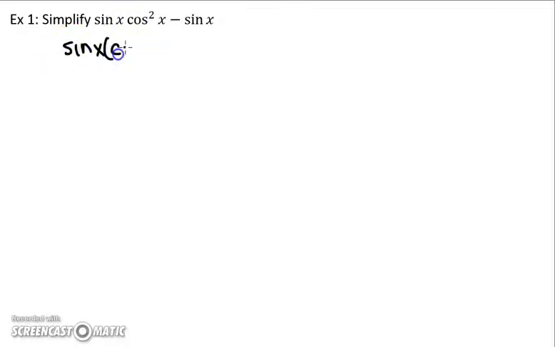So that's going to leave us with cosine squared x minus 1. Now, a general rule of thumb, whenever you're dealing with trigonometric identities, trigonometric expressions, equations, if there's a square, Pythagoras might be right around the corner.